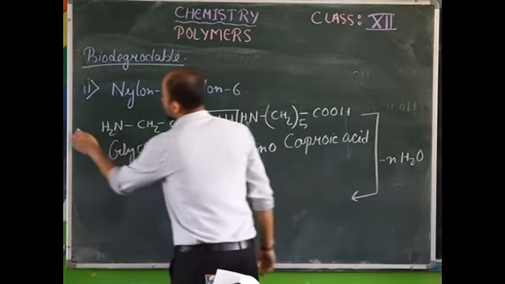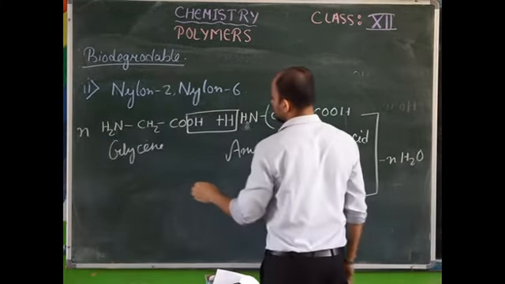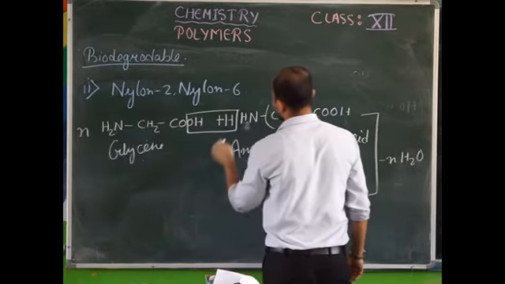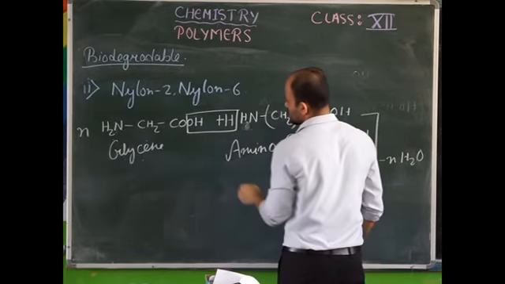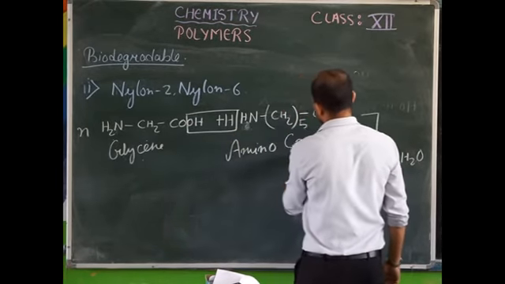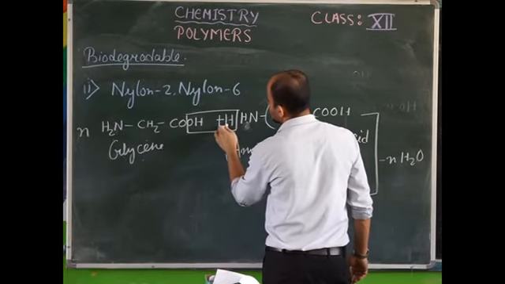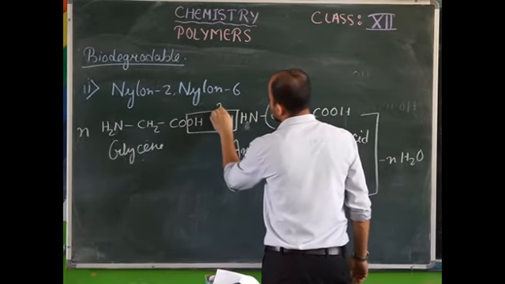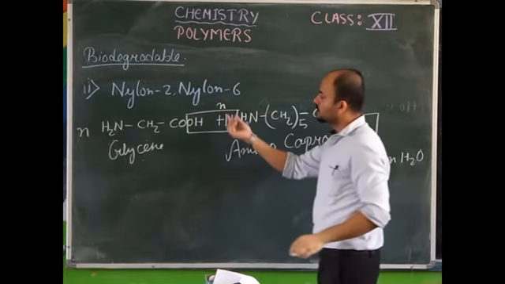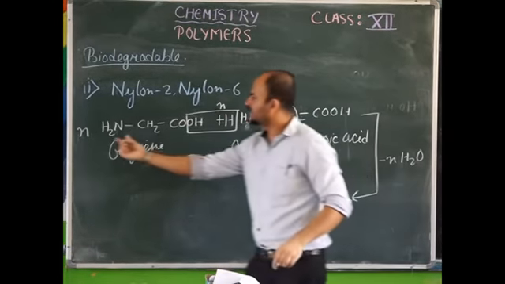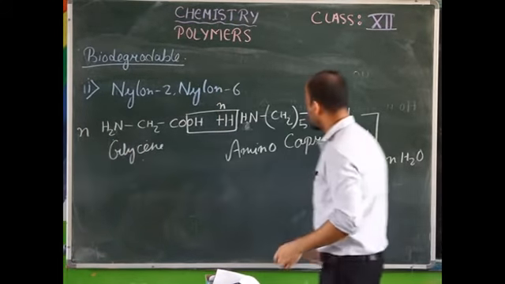Here, you are treating N molecules of glycine with N molecules of amino caproic acid. While writing, you write the N in front of it, but here I am writing it just above because there is no space. So let me write the product.